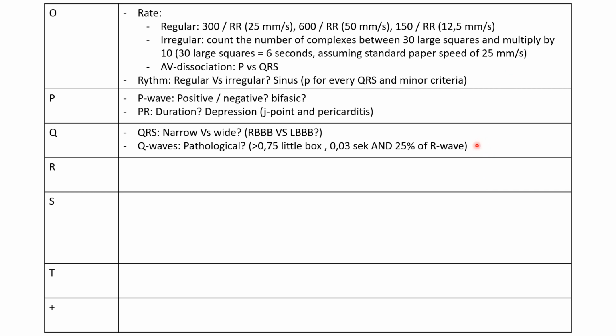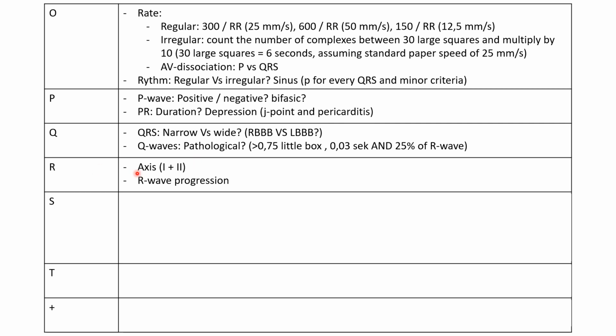So if it's 1 millimeter, the R wave should be around 4 millimeters or below that for it to be significant in an ischemic kind of way. There are other Q waves, and we'll look at what we call dagger-like Q waves in hypertrophic cardiomyopathy, which is relevant for our syncope patients, right?